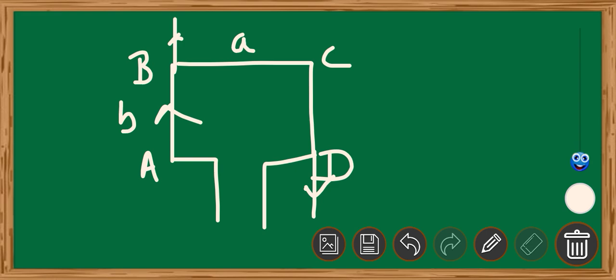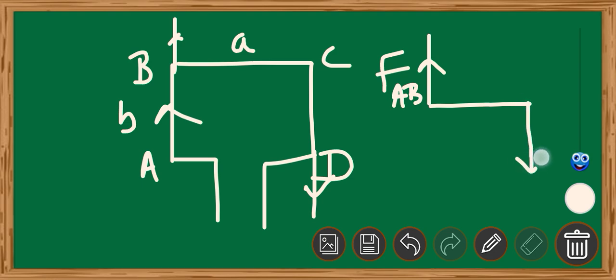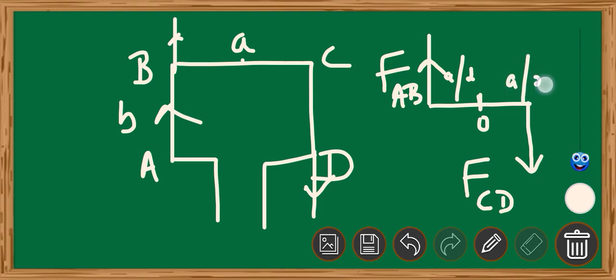Here we have a force due to the portion AB, that is F AB, and here we have a force F CD, and in between them the distance is a. The center between the forces we can take as O. So this distance will be a by 2 and this distance will be a by 2. So r in both cases is a by 2.